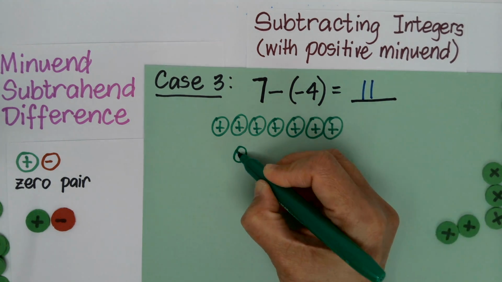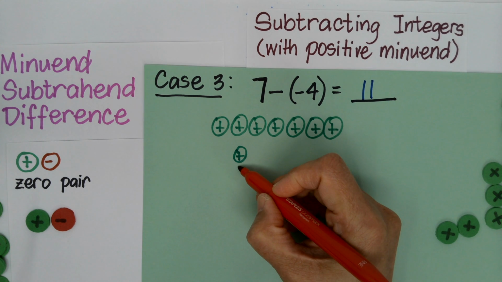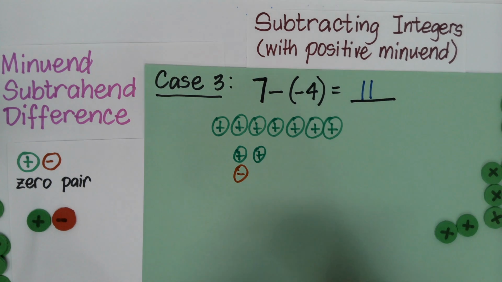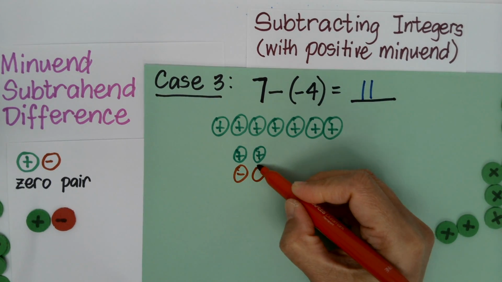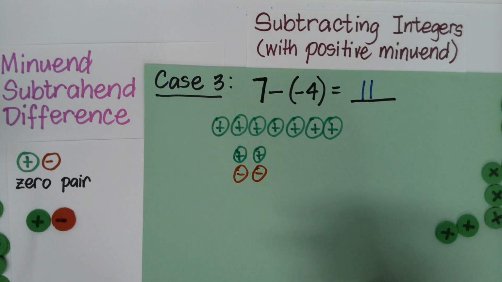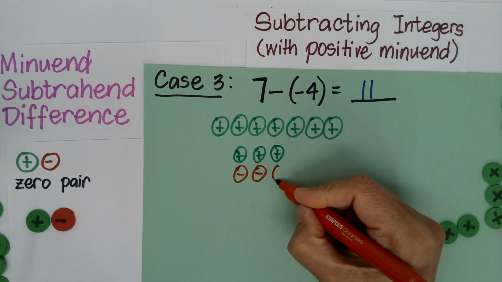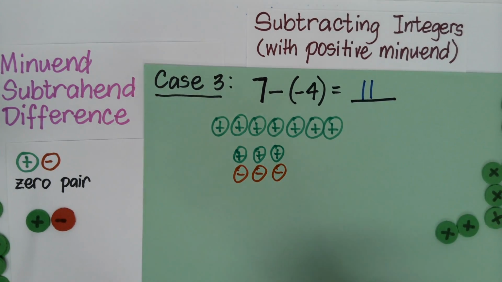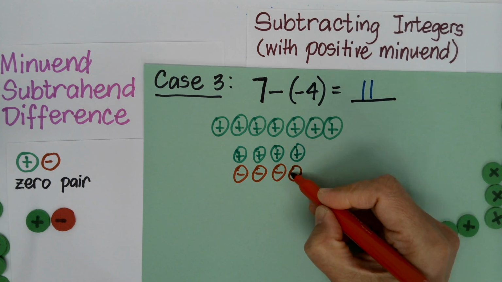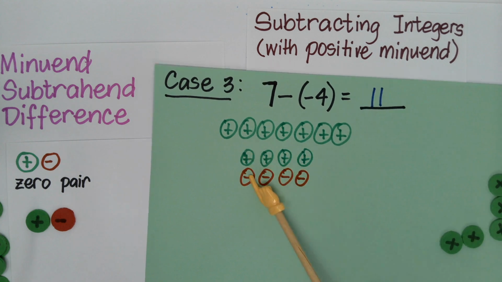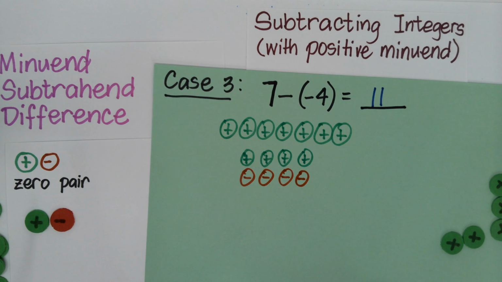So we have the first zero pair, okay, so we now have the 4 zero pairs. That's 1, 2, 3, 4.